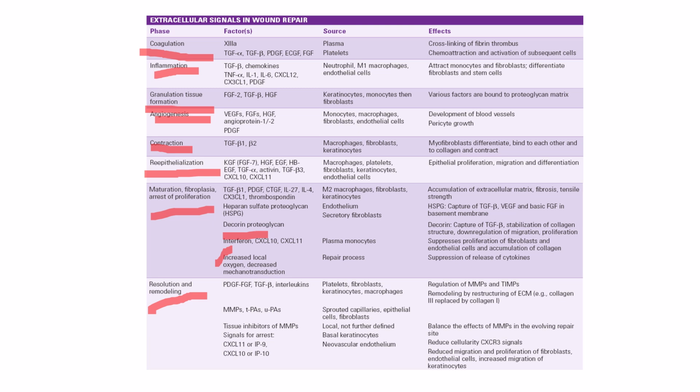The MMPs and TIMPs play pivotal roles in the later stages of extracellular matrix remodeling, while earlier phases focus on inflammation, recruitment of the cells, and matrix formation. The late phase involves deposition of extracellular matrix, their maturation, and final shaping of the scar tissue.